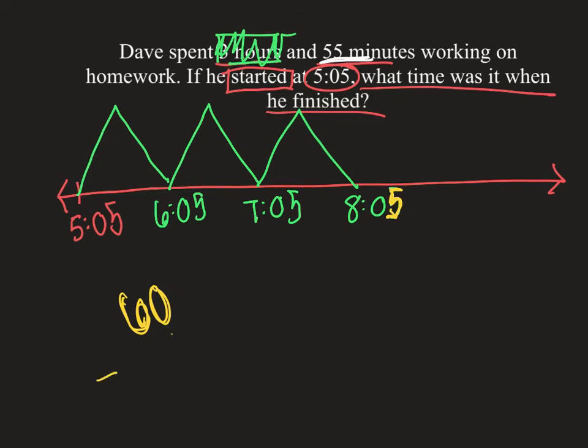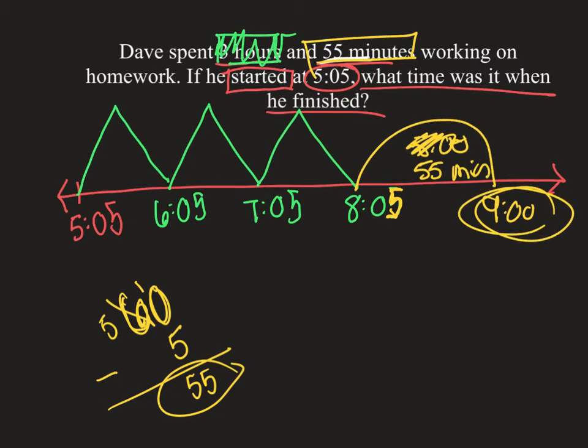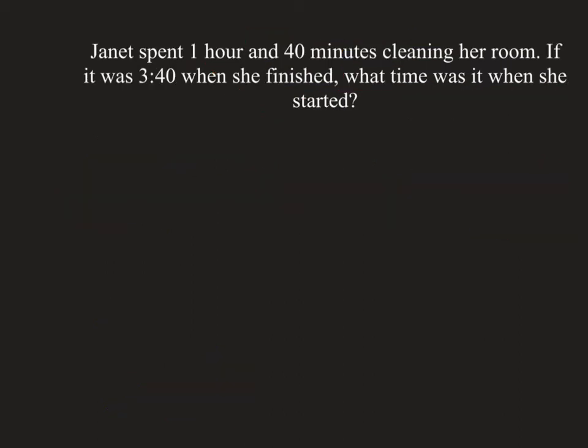So I can do 60 minus 5, which gets me 55 minutes. So I only need a 55-minute jump to get to 9 o'clock, and that's exactly what I have here. So my jump to 9 o'clock is worth 55 minutes. So 9 o'clock is the end time.